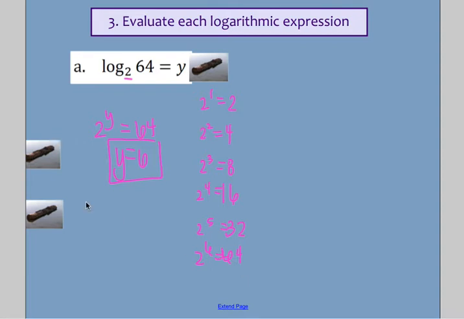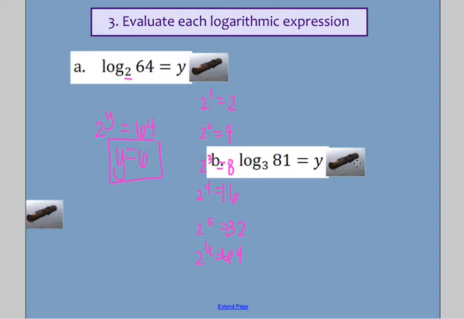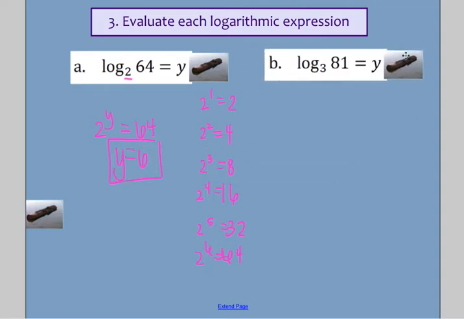Let's go ahead and take a look at B. We need to evaluate this one. So we have log base 3 of 81 is equal to y. My base is 3, so 3 to the y is equal to 81. Once again, if you don't know, you just start plugging it into your calculator till you get something.